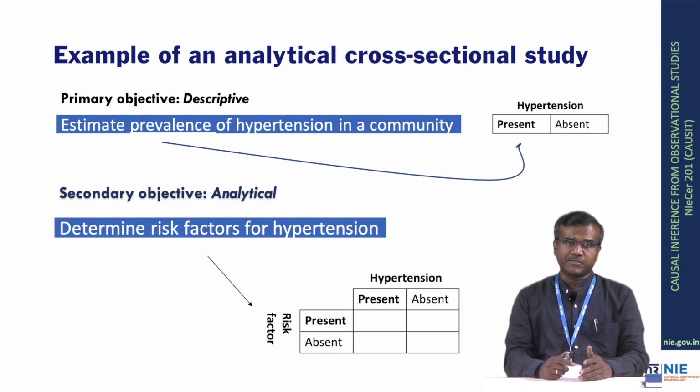The presence or absence of risk factor or exposure of interest is compared between those identified to have had hypertension and those who do not have. This may be stated as a secondary objective. Sometimes, the primary objective of the analytical cross-sectional study may be to examine the association between risk factors and outcome of interest.